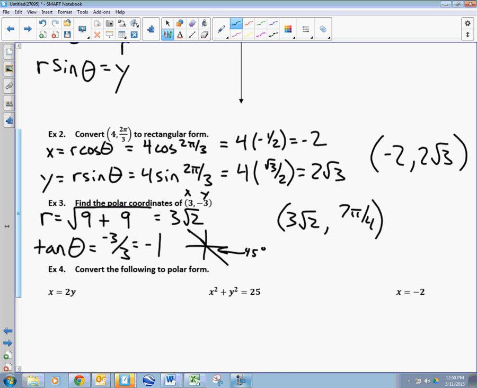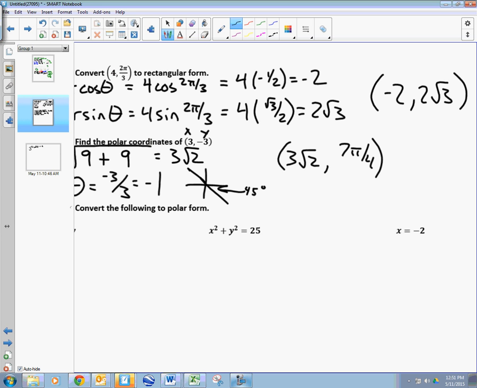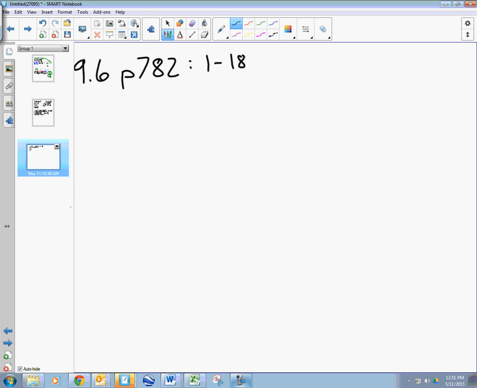But you actually take the cosine of 2 pi over 3. If you're trying to find the angle, inverse. If you're not, just operate as normal. Okay? Because we are over 3 and down 3. Over 3, down 3. Assignment.